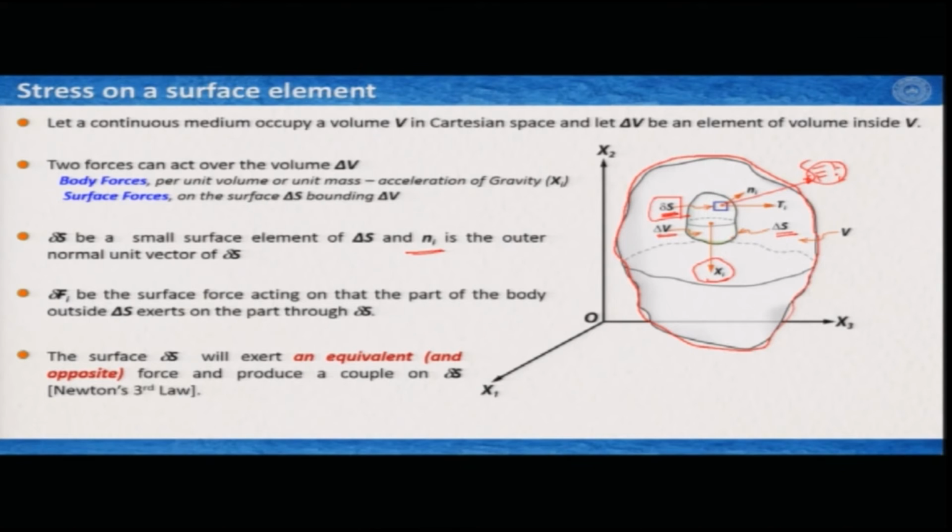Now, I repeat that I have a large volume V. Within this large volume I have a small volume which is delta V, which has a surface area delta S, and within this we have a very small area del S where a force is acting, and because a force is acting on that little surface, it would exert an equivalent and opposite force and produce a couple on the surface del S from inside.